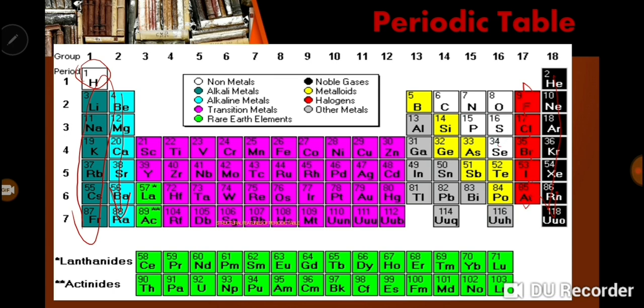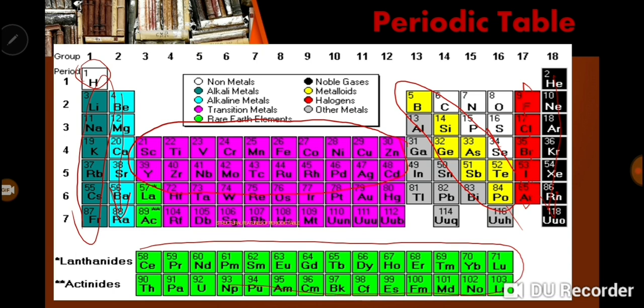The yellow color is called metalloids, meaning they have semiconductor character. In the middle of the periodic table are the transition elements. The last one, the green one, is the lanthanides and actinides, called the rare elements.